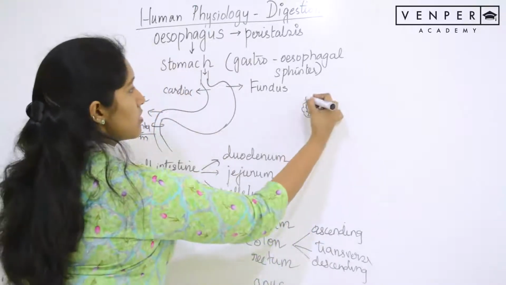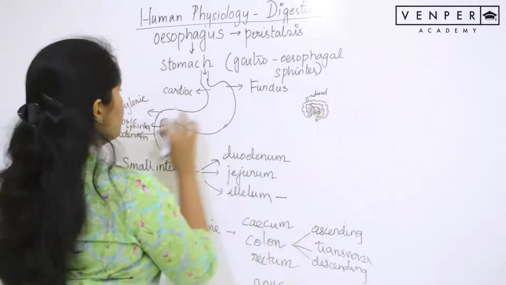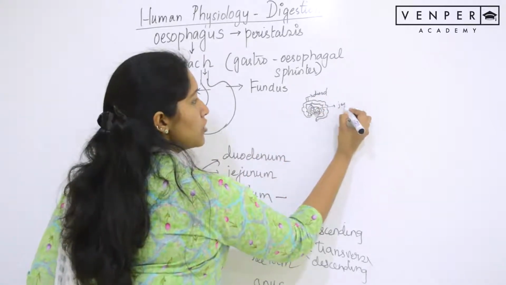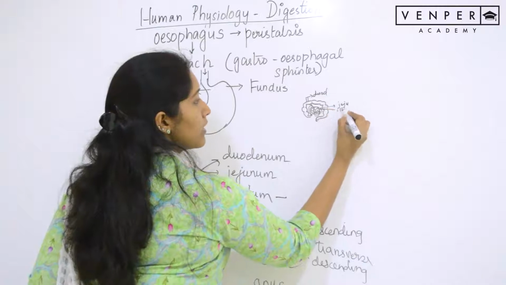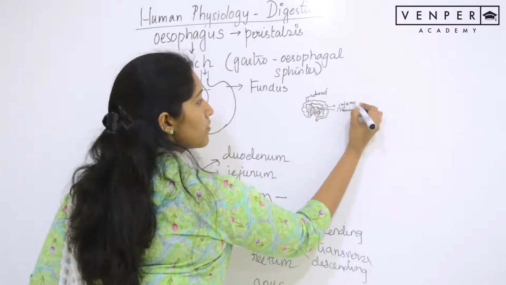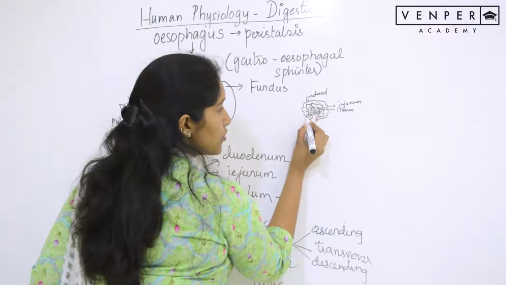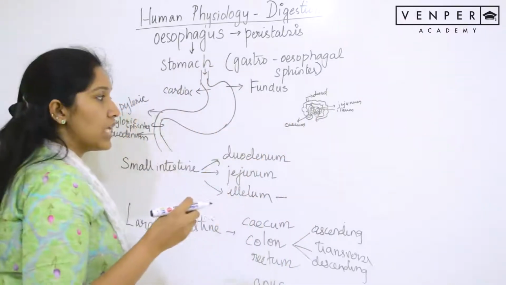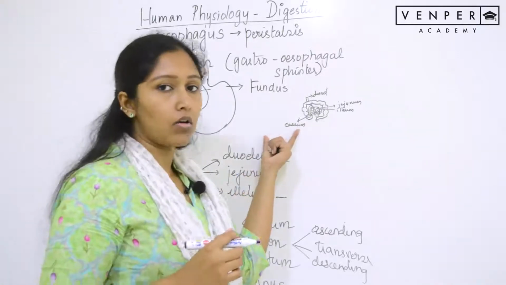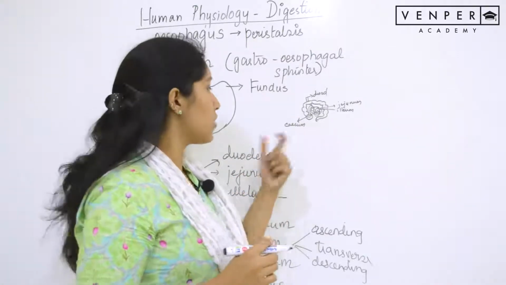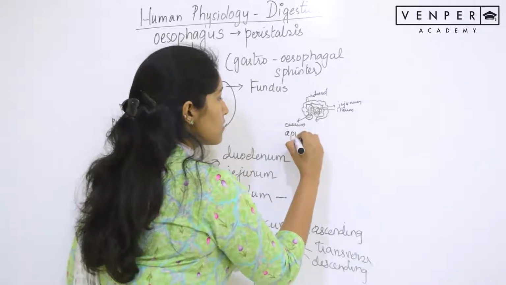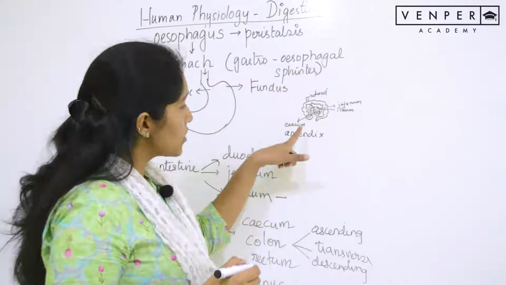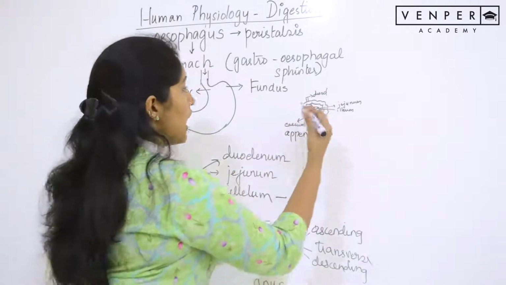So this region is your duodenum, and then here you will have both your jejunum and ileum, and this region is called the cecum. The speciality of the cecum is that it contains a lot of bacteria which help you in digestion, and also the vermiform appendix, which is a vestigial organ, found in this cecal region.